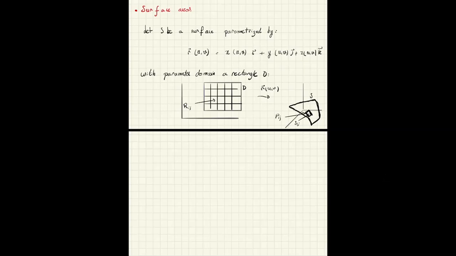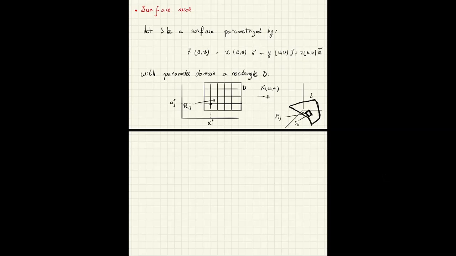Okay, and this is the point Ui star. This is Uj star, some point.